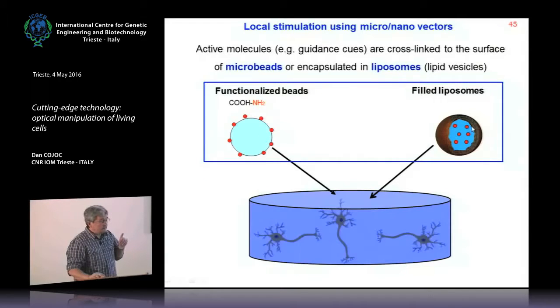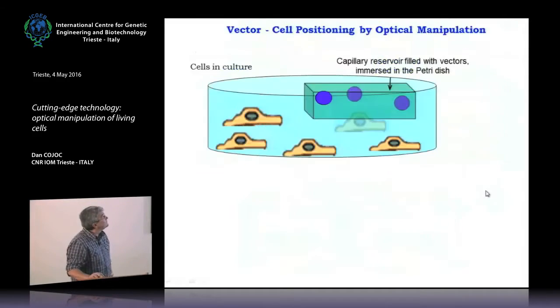The difference between these two is obvious. In one case, you cannot detach the molecules from the surface. In the other, you release the molecules, and here you have better control of spatial resolution, you know where you apply. Here, this is relative.